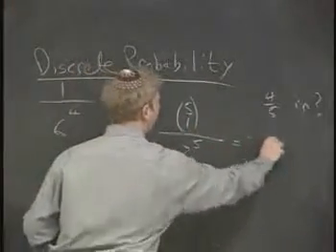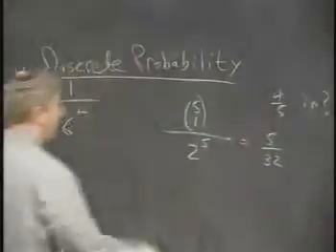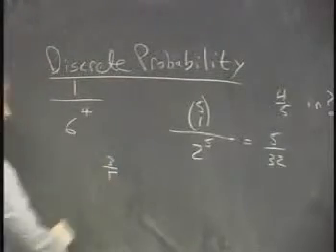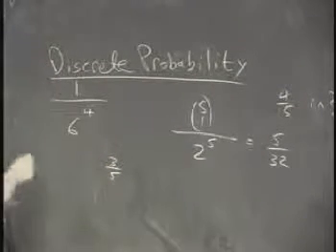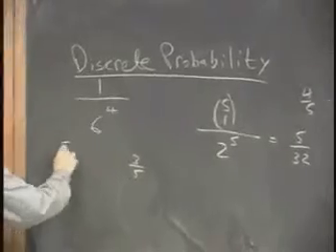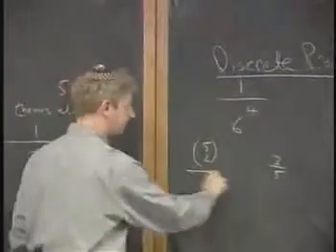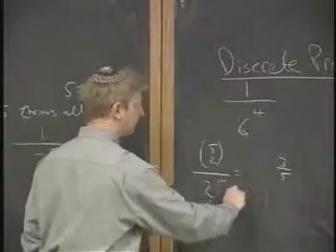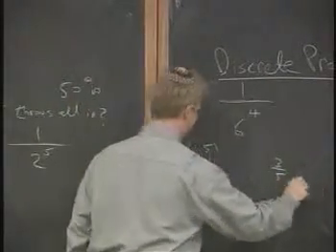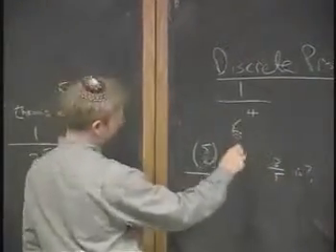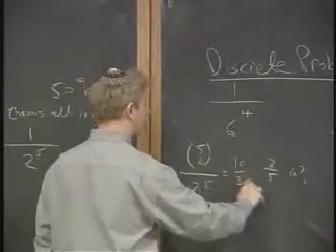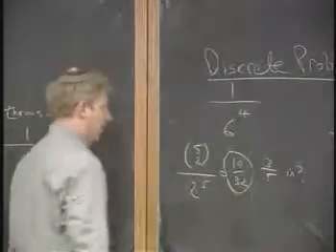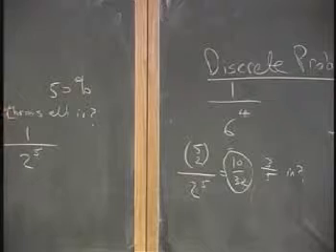So that's 5 over 32 to get 4 out of 5. How about 3 out of 5? 5 choose 2 or 5 choose 3, same thing, out of 2 to the 5th. That equals 10 out of 32.